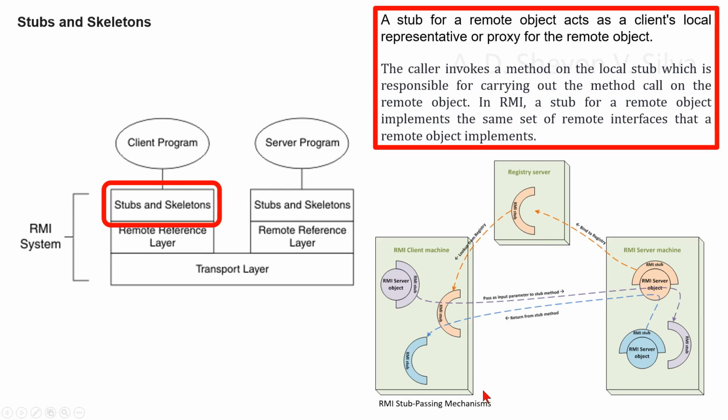More than one RMI client may use the same stub. Technically, these are different copies of the same stub from the RMI server machine. Stubs can be replicated by passing them around the network, creating multiple RMI clients all connected to the same RMI server.